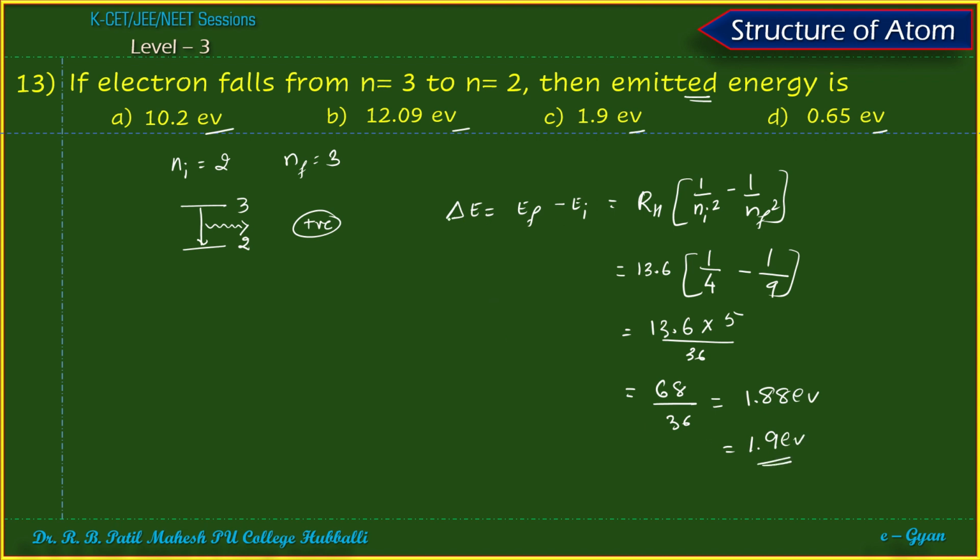So the correct option for electron fall from n equal to 3 to n equal to 2, the emitted energy is 1.9 electron volt, that is option C.